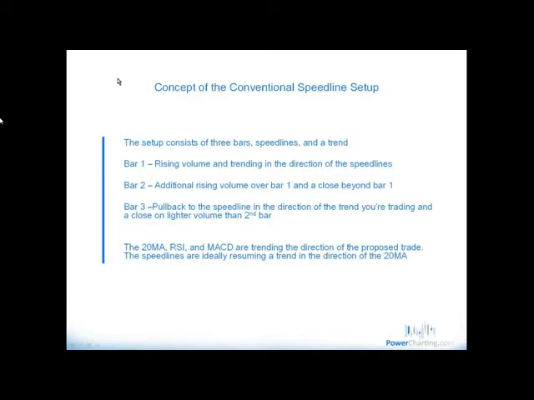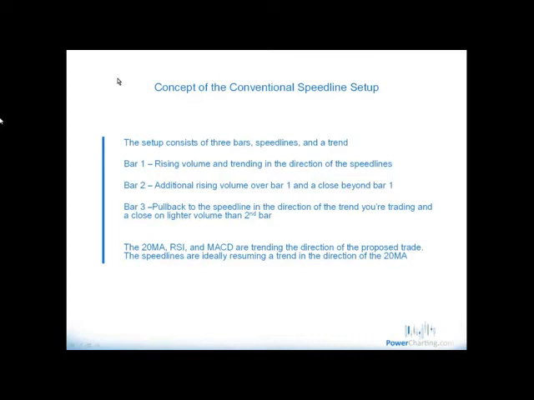So it basically consists of 3 bars, speed lines, and a trend. Bar number 1, we're looking for rising volume and trending in the direction of the speed lines. Bar number 2, we're looking for additional rising volume over bar number 1 and a close beyond number 2. Kind of sounds familiar, doesn't it? It's almost like a Hoffman 2-bar break of a supported resistance level, except that it's not.